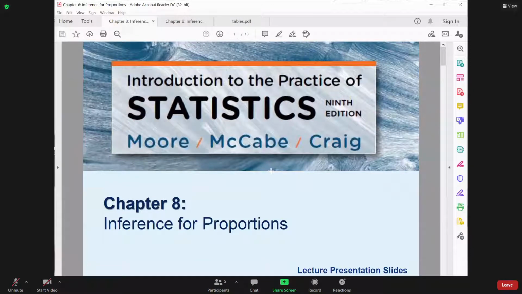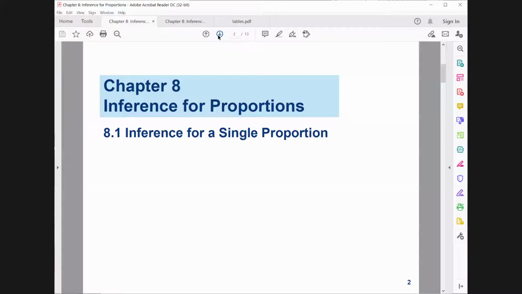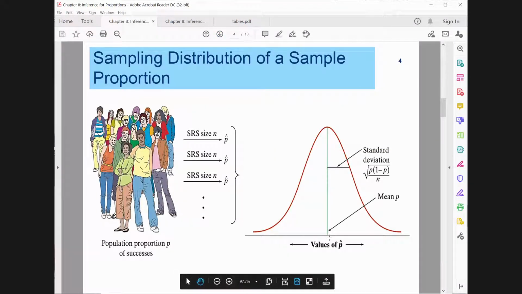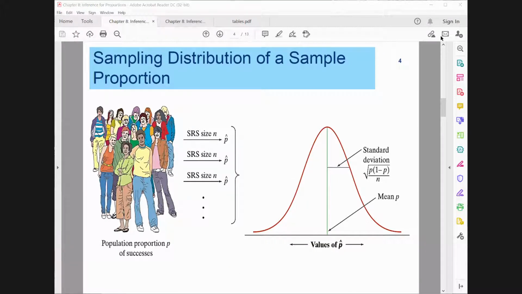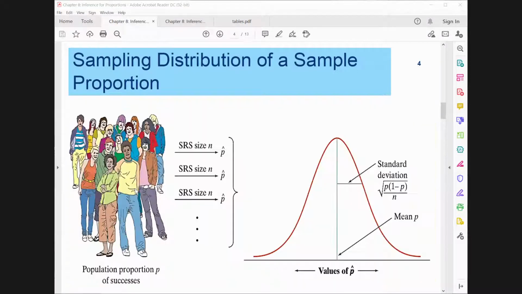When we talk about inference for proportion, the main idea is the following. Once we have a sample, we know the sampling distribution of a sample proportion is given by the normal distribution, as it was explained in chapter 6.